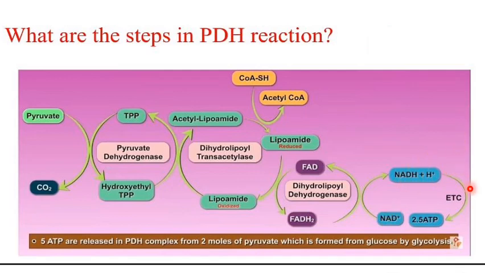NADH can now enter the electron transport chain to generate 2.5 ATP. And that is a story for another day.